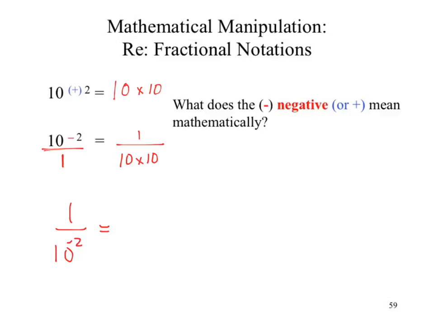My calculation is 10 times 10. But I need to do it in the opposite location of where I am. Where am I right now? In the denominator, which means there's my answer. Neat little feature of fractions and negative signs, just so you're aware.